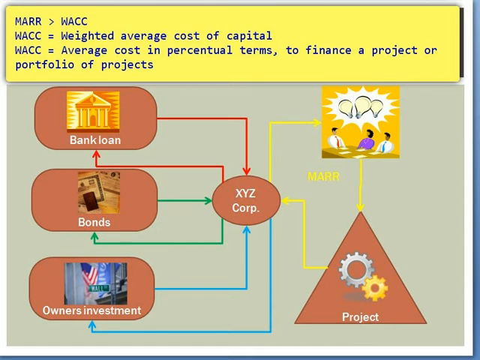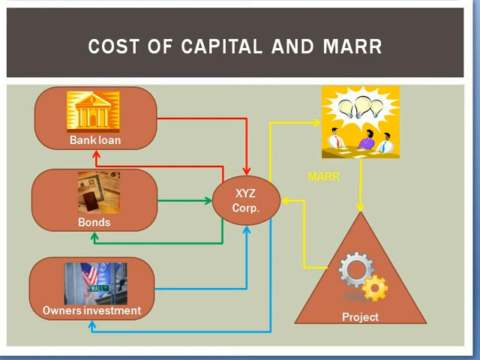And on top of that, the expectation should be that corporation XYZ, in most cases, should grow by means of implementing this project. So the minimum attractive rate of return should be larger than the average of the percentages that we need to pay in terms of loans, bonds, or to the shareholders. And that's the key concept.